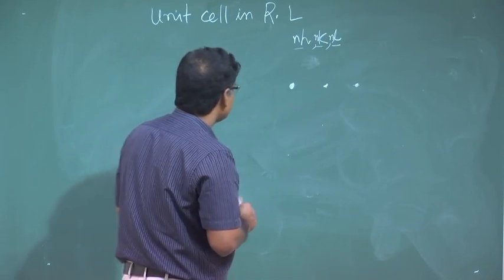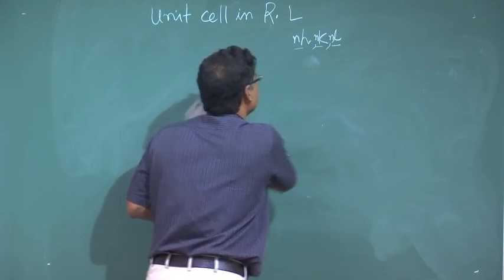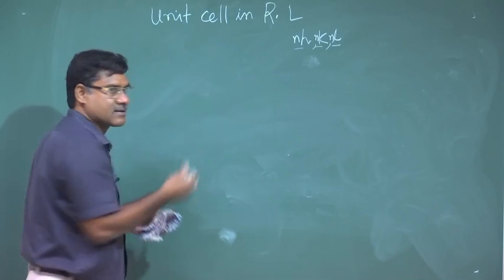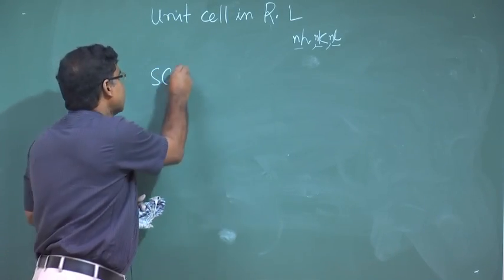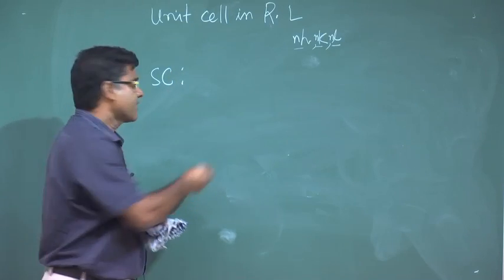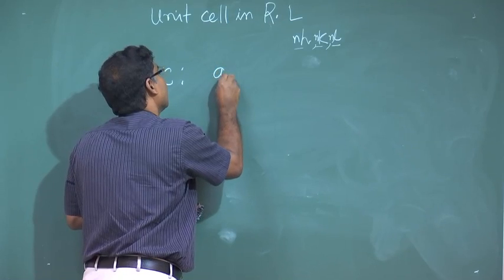Okay. So, the unit cell that we have, let us consider simple cubic. In direct lattice we can represent this for simple cubic.